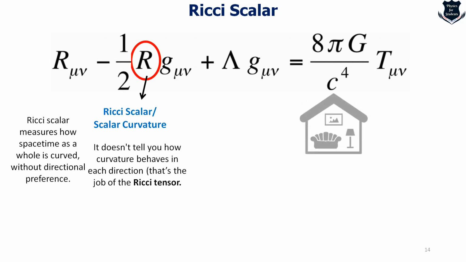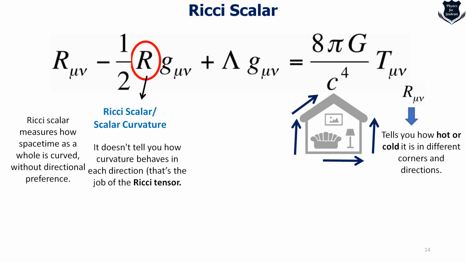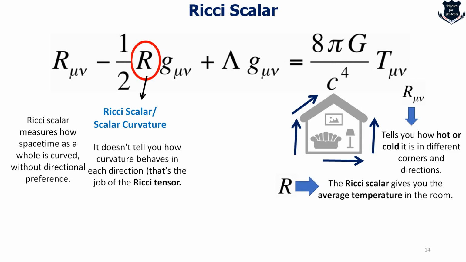So let us imagine this to be a room, and we are trying to measure the temperature. The Ricci tensor, the first R, will measure whether the temperature is high in this direction or that direction. So R mu nu tells how hot or cold the temperature is behaving in different corners of the room. But if I only take the R, then it will give you the average.